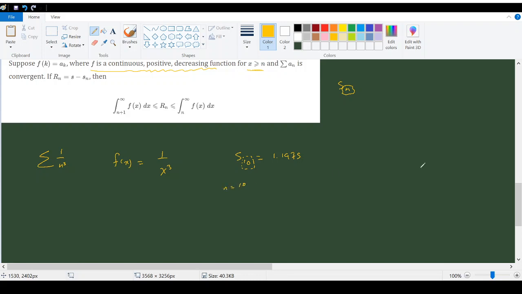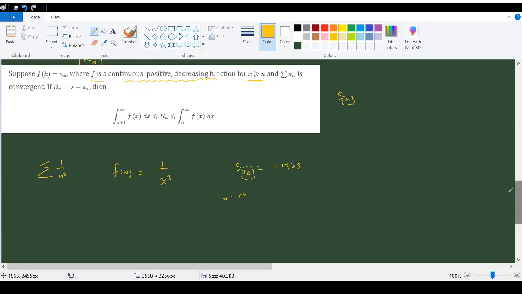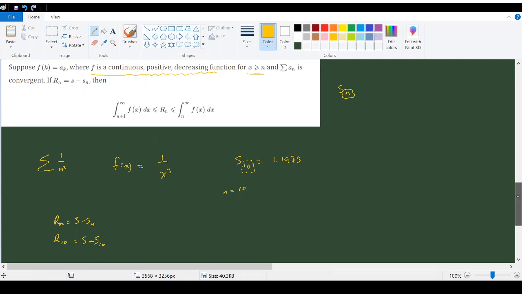Then it says that the difference between the actual value and the addition of this, where n is 10, so R10, which is equal to S minus S10, will lie between these two integrals.